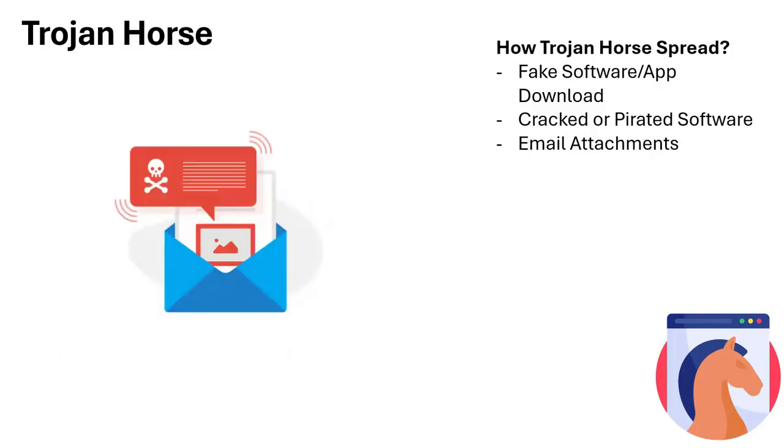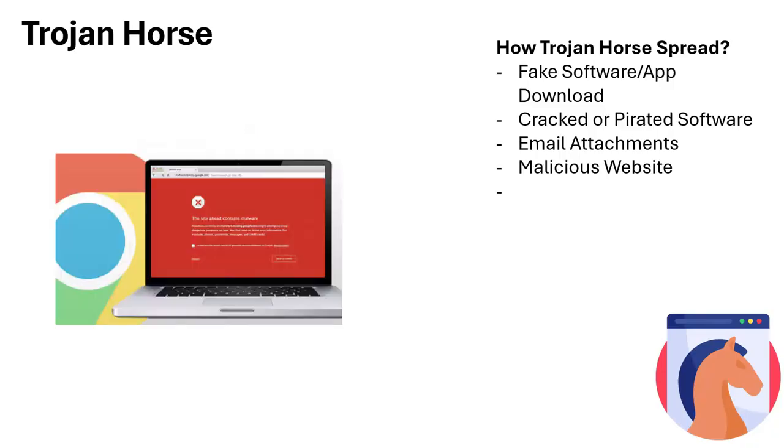It may be possible that the Trojan horse can come into your system through an email attachment. So never open an unidentified email having any attachment or links without verification.